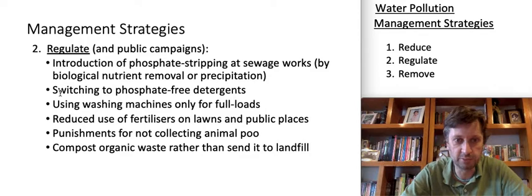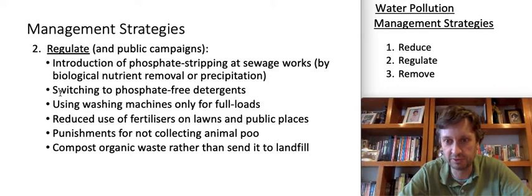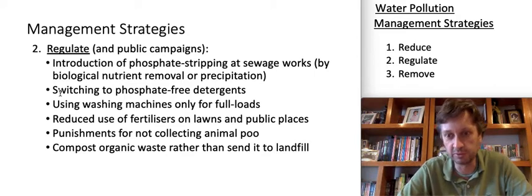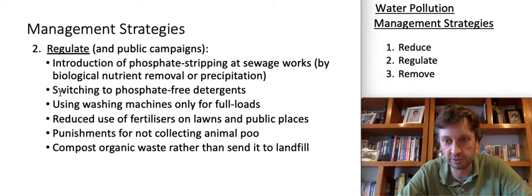You could persuade people to switch to phosphate-free detergents if the source is people's houses, people's washing. Encourage people not to overuse detergents, phosphate-rich detergents, by only washing a full load of washing.